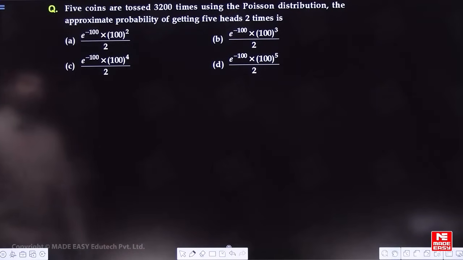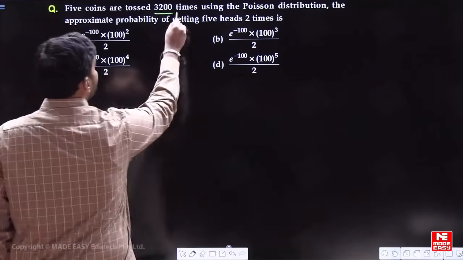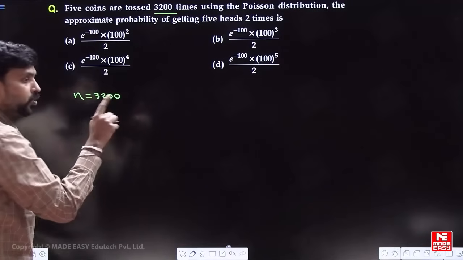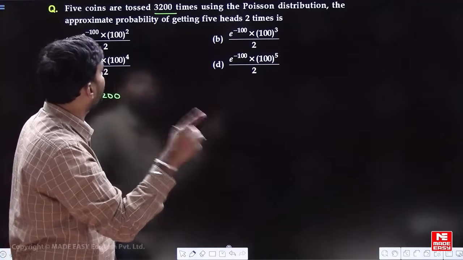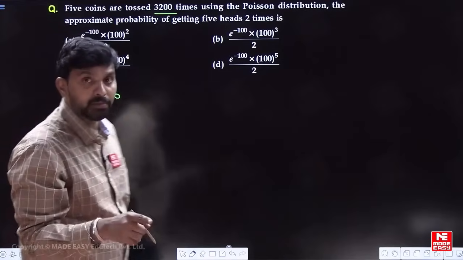First of all, 5 coins are tossed 3,200 times here. So here n is given as 3,200 times you have to toss what? 5 coins. You have to toss 5 coins, okay? 3,200 times.